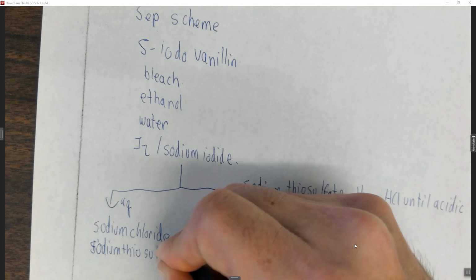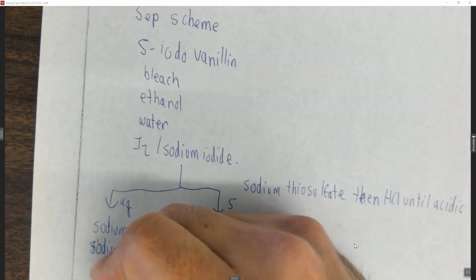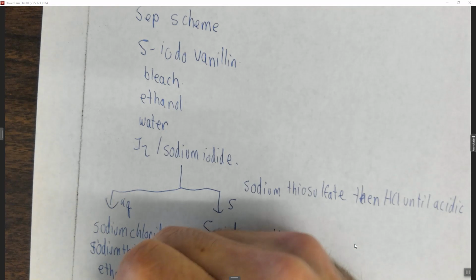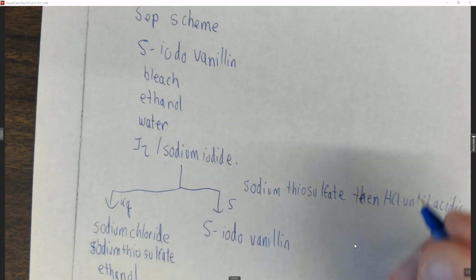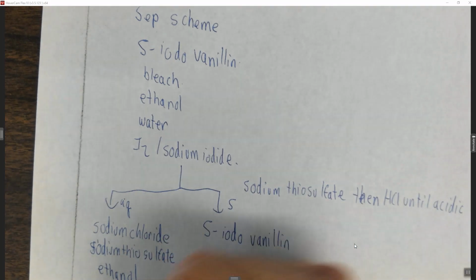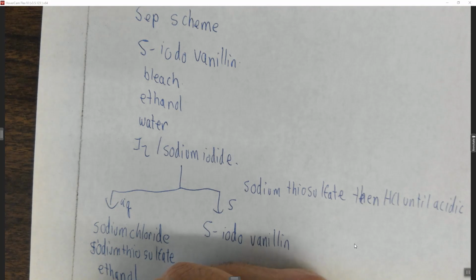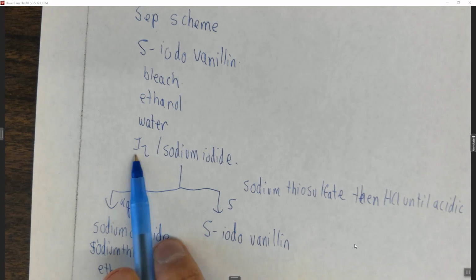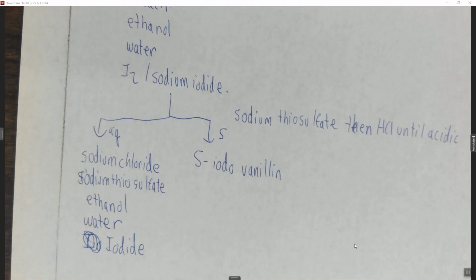You're going to have your ethanol, your water, and at this point, you should have iodide. Whoops, I made the I twice. Iodide, because the sodium thiosulfate will turn I2 into iodide as well, and I realize you can't see that.